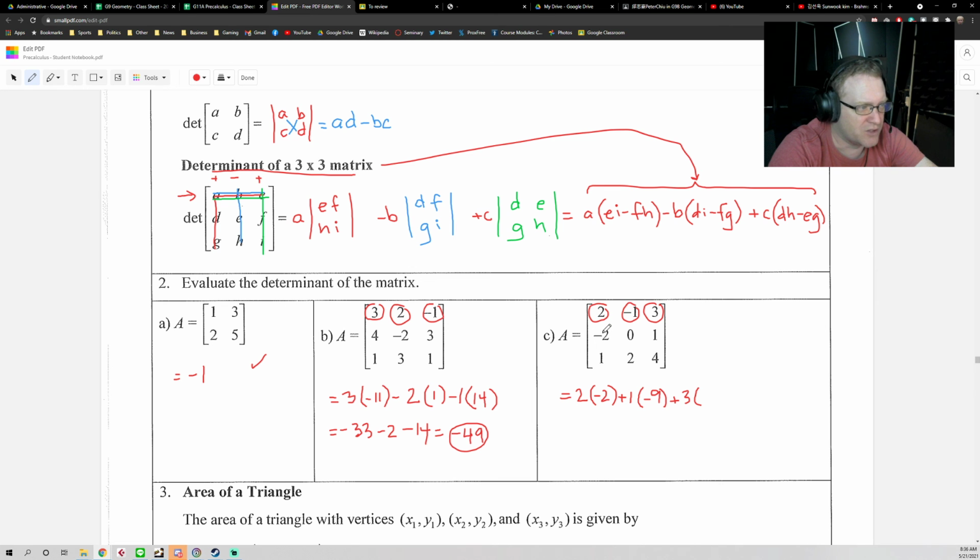We find the determinant, which is negative 2 times 2, which is negative 4, minus 0 times 1, which is 0. So negative 4 minus 0 is negative 4. All right, so we're going to be left with this, and this is going to be negative 4 minus 9 minus 12. All right, and what does that end up being? Well, that's negative 13, negative 25, I believe. Yes, negative 25.